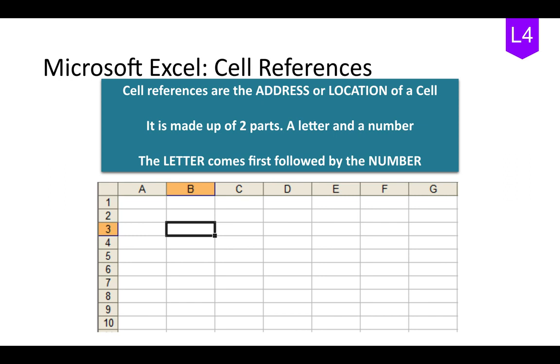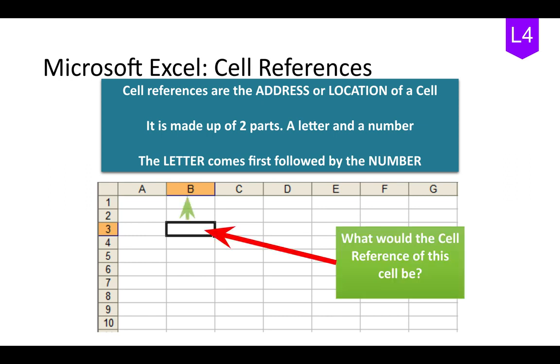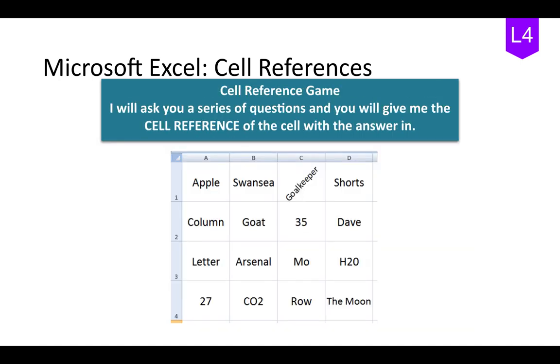Here we're saying along the corridor, okay, and then down the stairs, down to the number. So this particular cell, anybody got an idea of what we will call it? This cell is B3, okay? So we're going to go to the B, we're going to see that it's in row 3, and so it is B3.